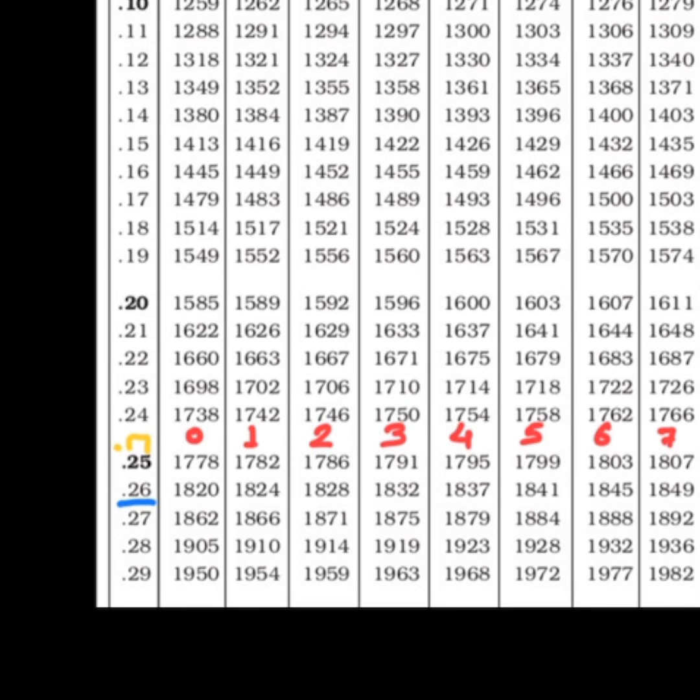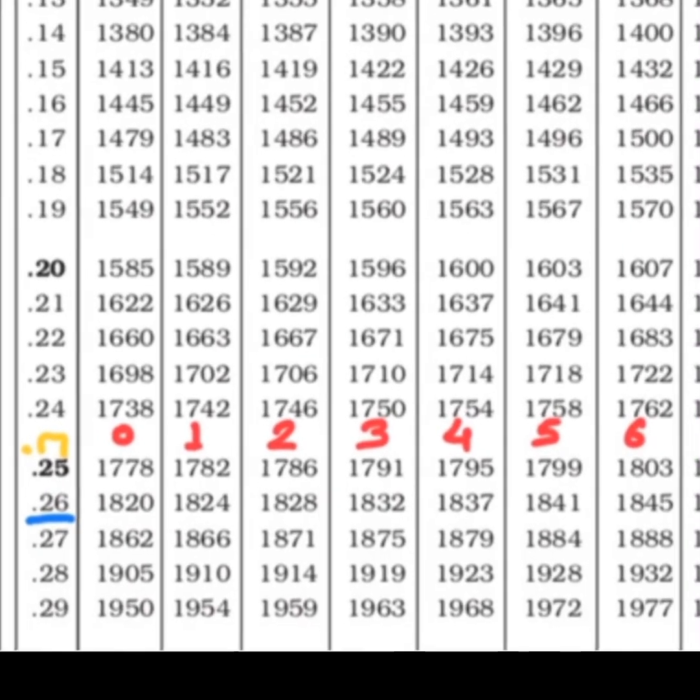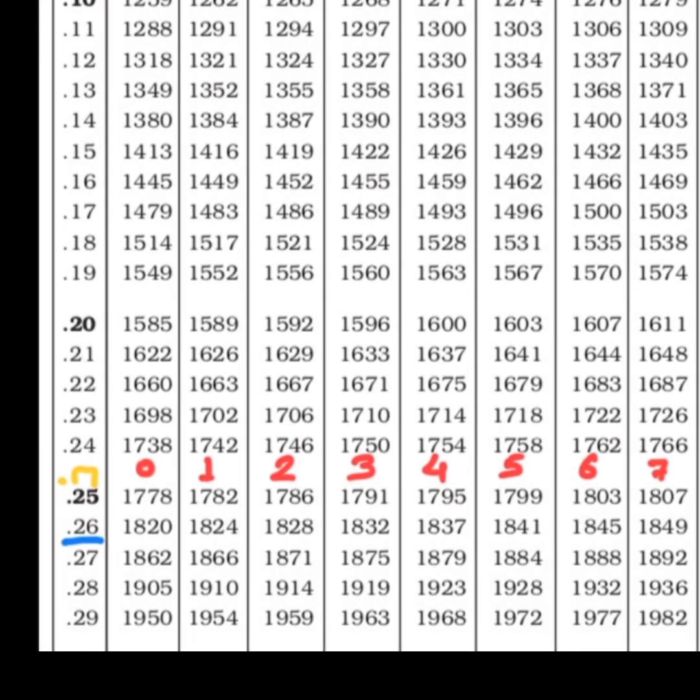Suppose it is 29, so I am locating it here. .29, it is the last number of the series. Here you will come to know how to calculate the antilog value of a particular digit. Suppose we have been given only 0.29.